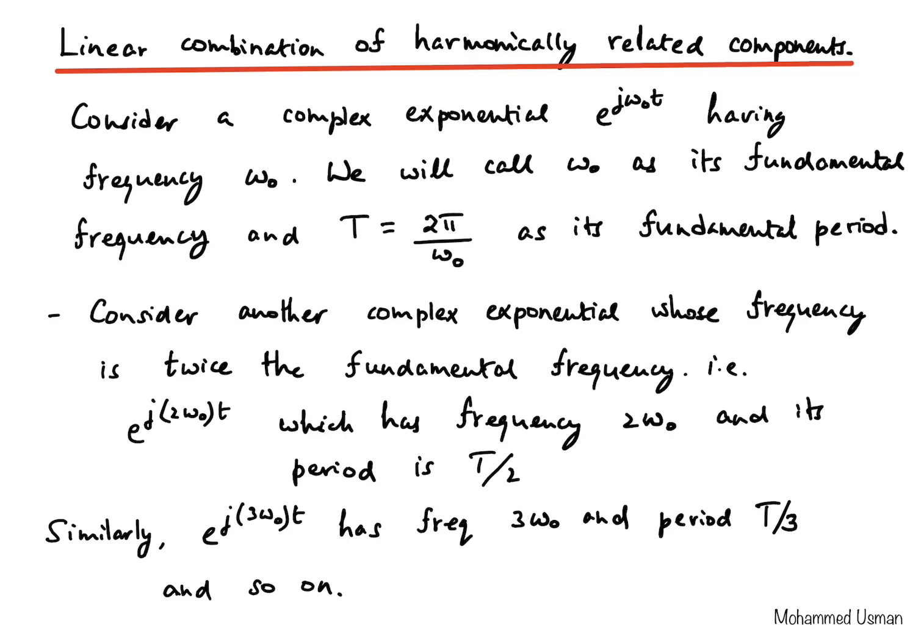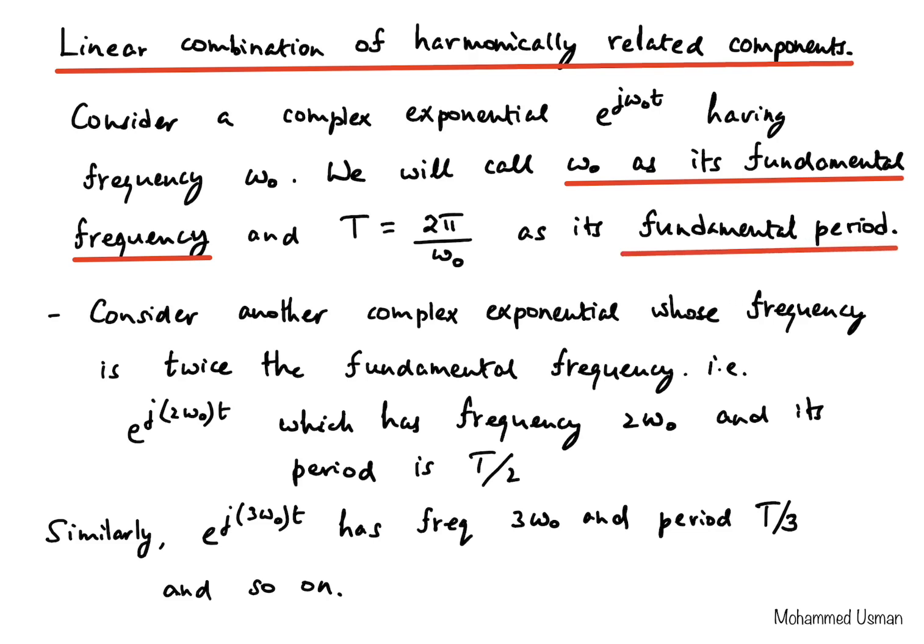Okay, so we'll take the complex exponential now. We'll denote it as e power j omega 0 t. Omega 0 is what we call the fundamental frequency, and the corresponding time period is 2 pi by omega naught. We'll call it the fundamental period. This particular complex exponential is a single frequency, omega naught, and the corresponding time period is 2 pi by omega naught.